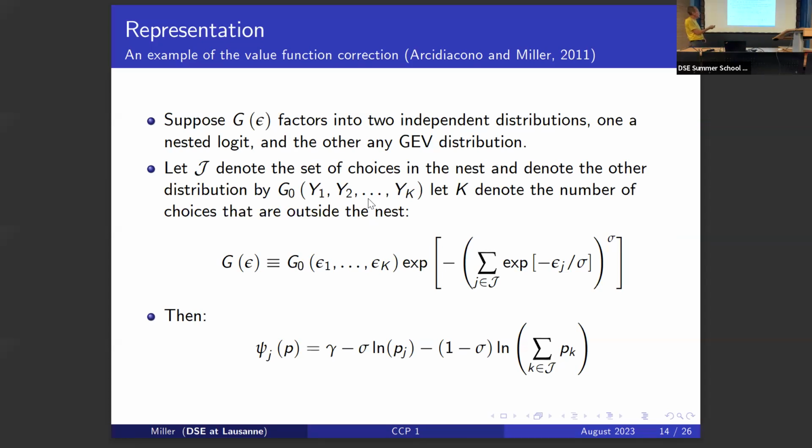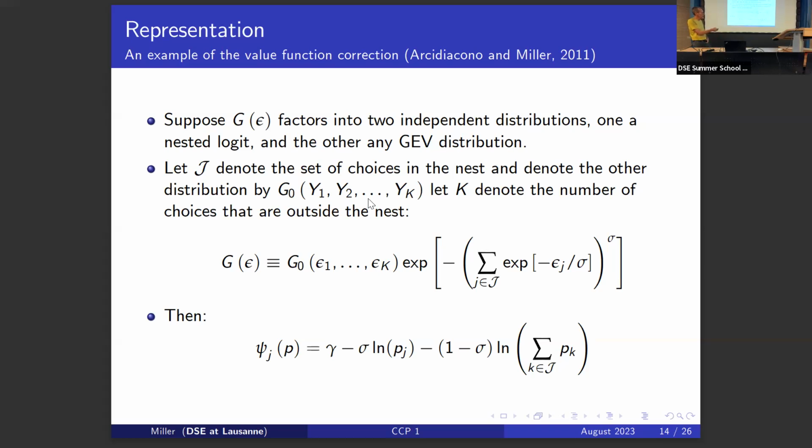So what is this thing? Well, imagine there are a bunch of choices in here. Some of these are nested in this kind of nest, and the others are any old generalized extreme value function. Then the correction factor would just be equal to this.